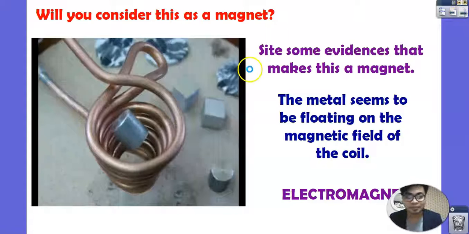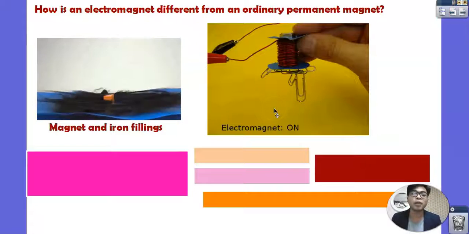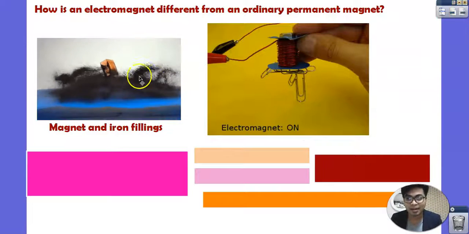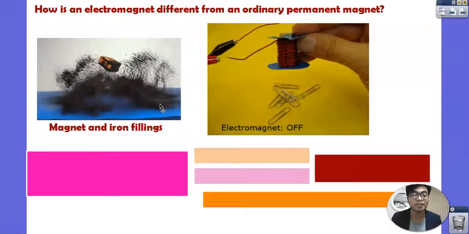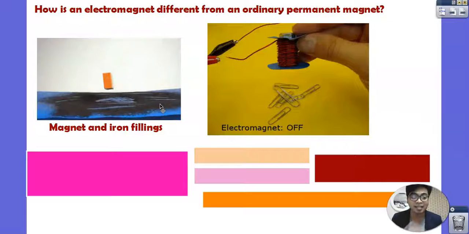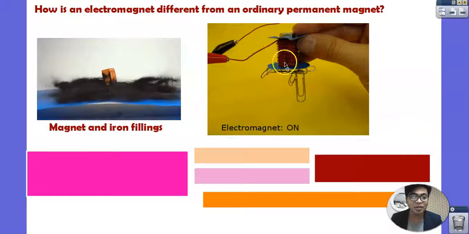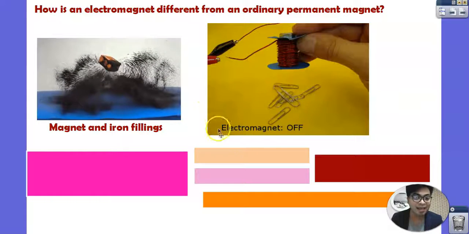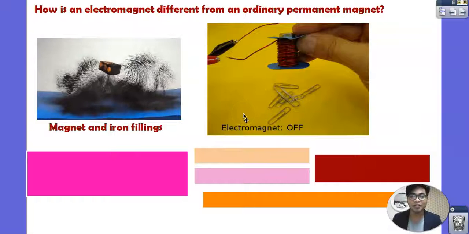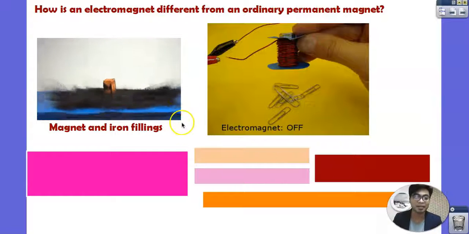So let's take a look at more about what an electromagnet is. You can see here a magnet and iron filings, and we did this kind of experiment last time using a simulation. How is an electromagnet different from an ordinary permanent magnet?